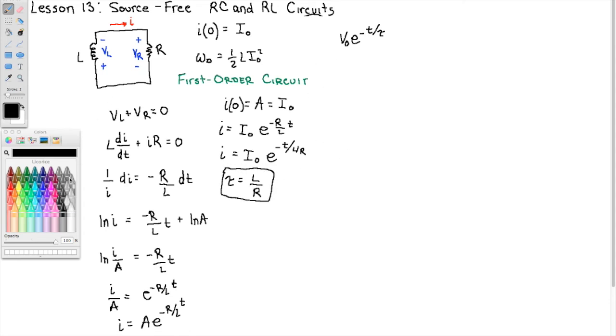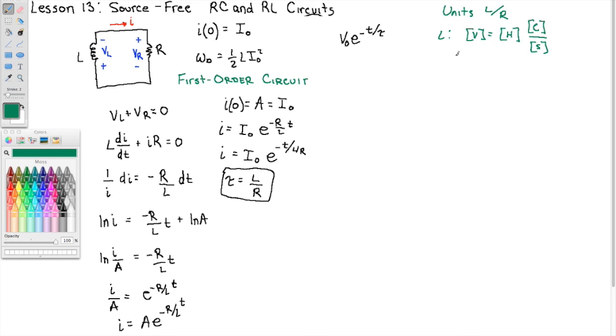right? And let's just check the units on that guy. I'll do that over here. The units of L over R. So for L, you know that there's the equation V equals L di dt. So voltage equals henries, and di dt, that's a change in charge, coulombs, over a change in time, seconds.